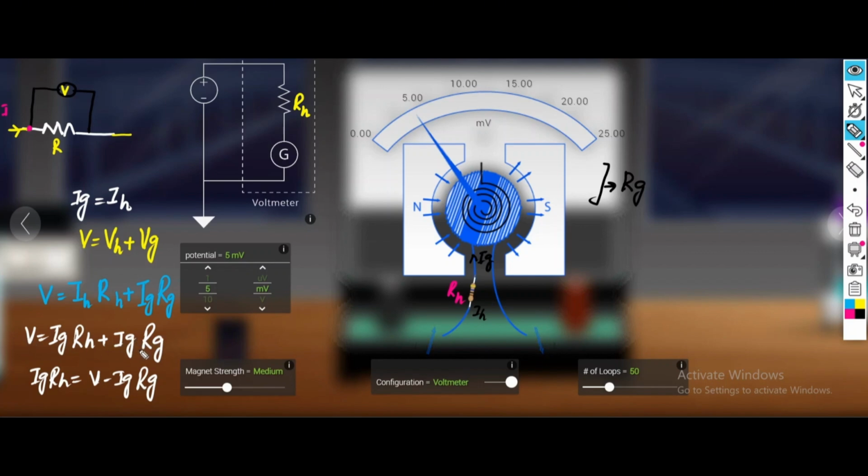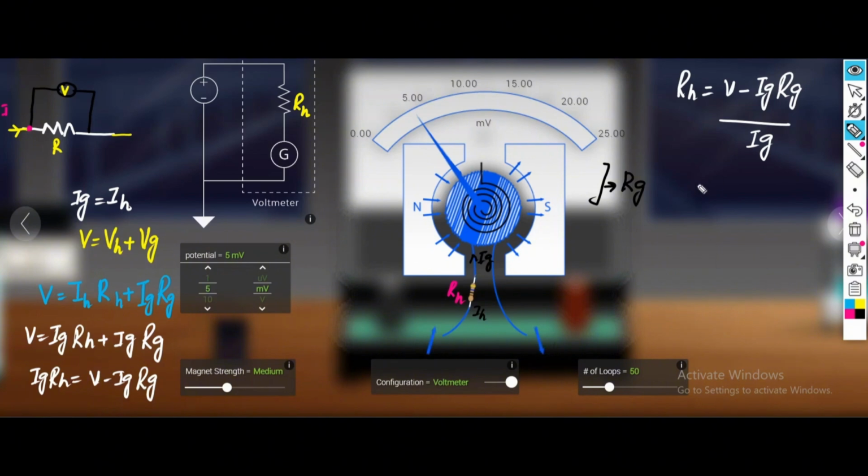So RH is given by V minus IG RG, divided by IG.